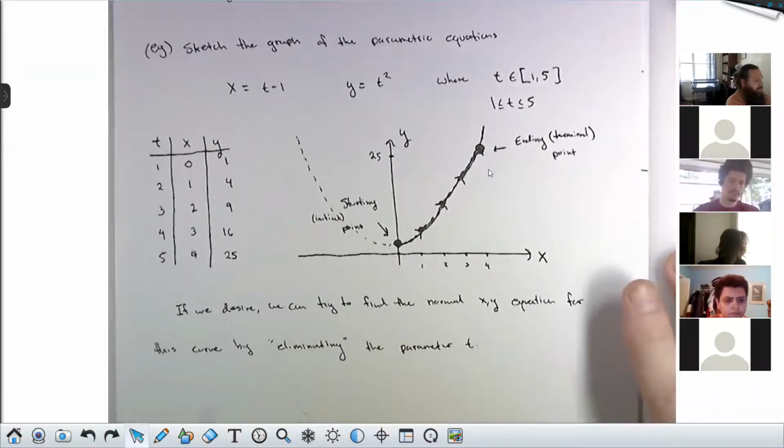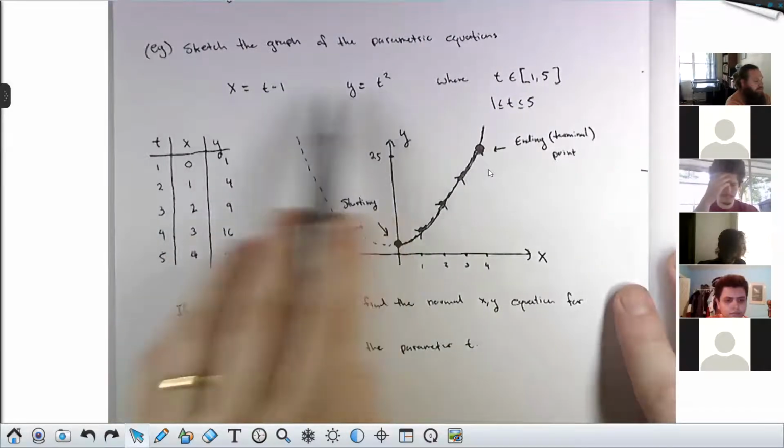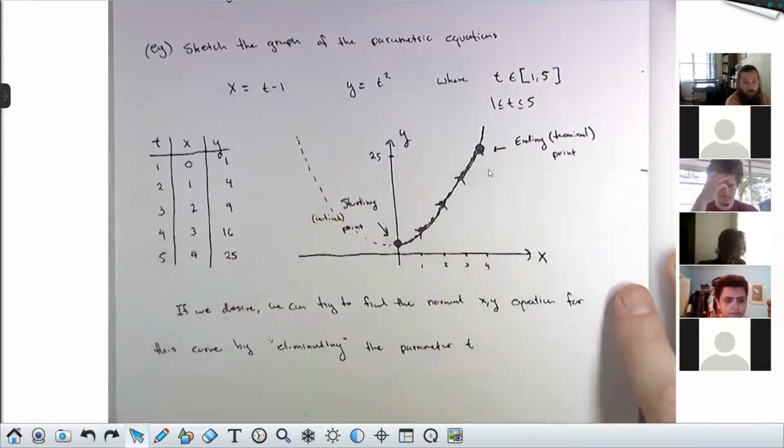What that means is working with these two equations to somehow get rid of the t's and just get an equation in terms of x and y.